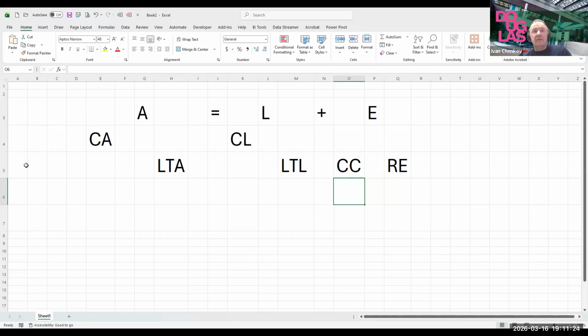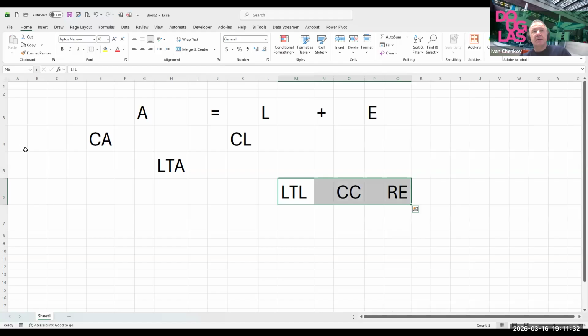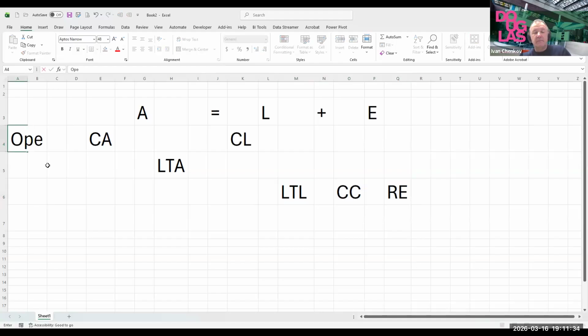We have three sections: operating, investing, and financing.